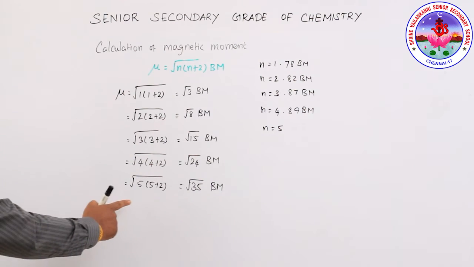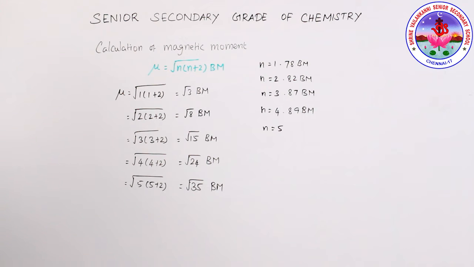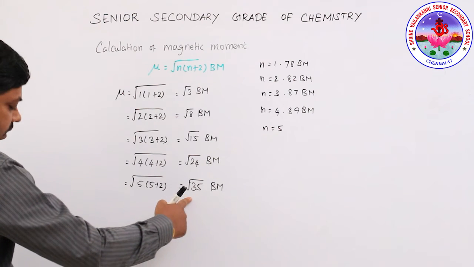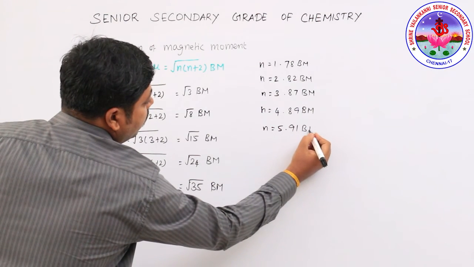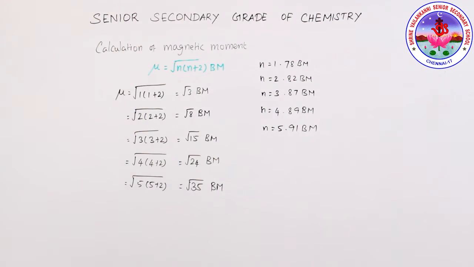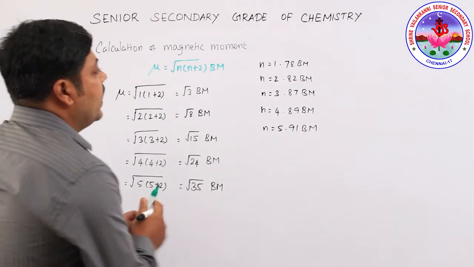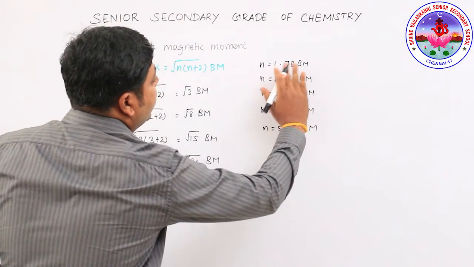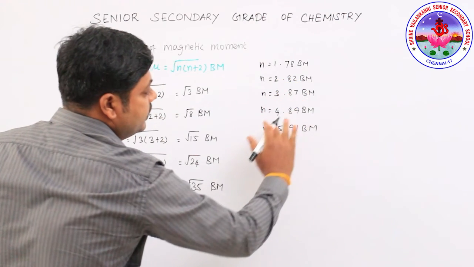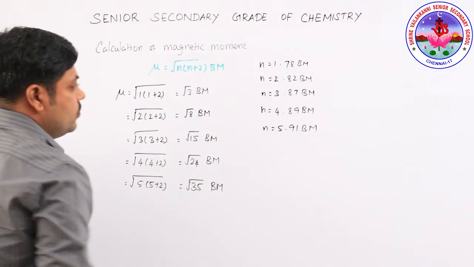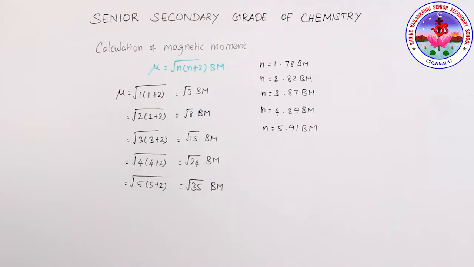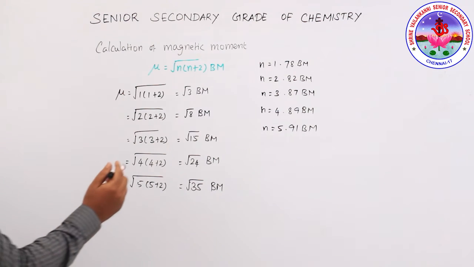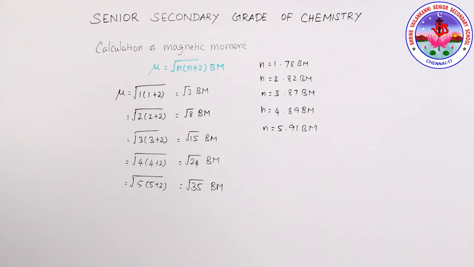Then n equal to 5, five unpaired electrons, root 35 is 5.91 Bohr magneton. So for one unpaired electron it is 1 point something, for 2 it is 2 point something, for 3 it is 3 point something, like this. So, this is the calculation of the magnetic moment, up to n equal to 5. Then next we will see the crystal field stabilization energy calculation.